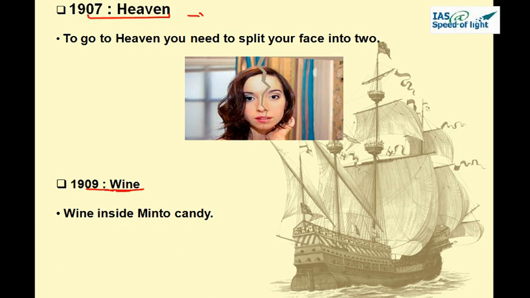Now if Minto candy comes in front of you, all those informations which we have linked previously, like Rebellion of Travancore, Treaty of Amritsar, Swadeshi movement, we linked with Minto. So Morley Minto reforms. Minto is wine. Minto candy is having wine inside it. So 09 becomes wine, and wine inside Minto candy.